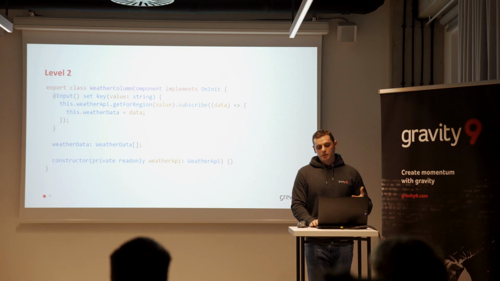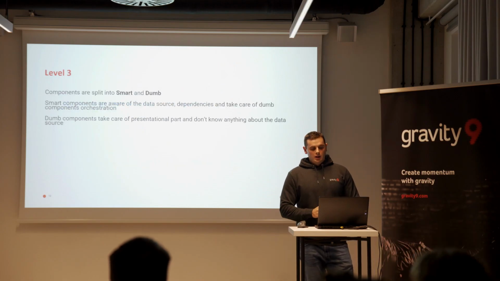And the more context we have and we want to use this component in different contexts, the more conditions we will have in this component. So instead of building this complex conditional logic here, we can move the dependency of downloading the data to the components above. And that's basically level 3.